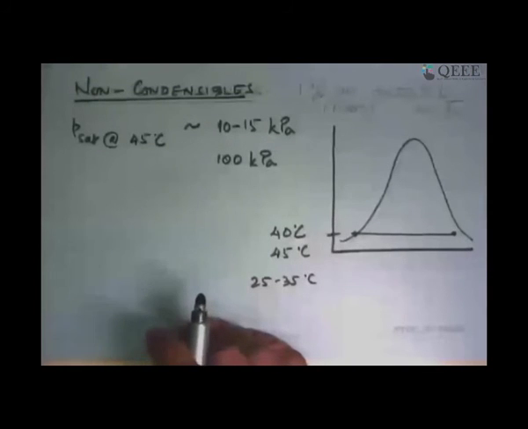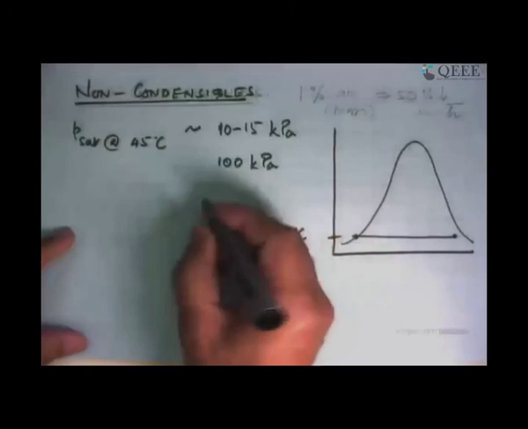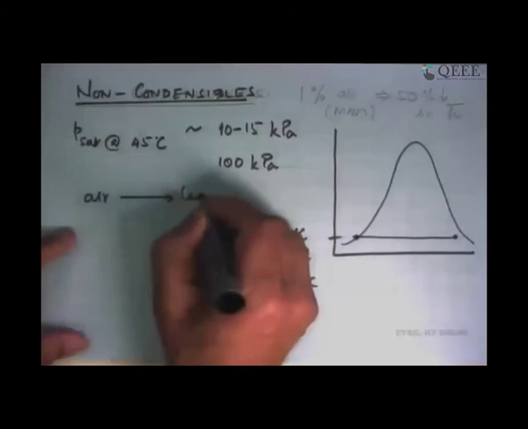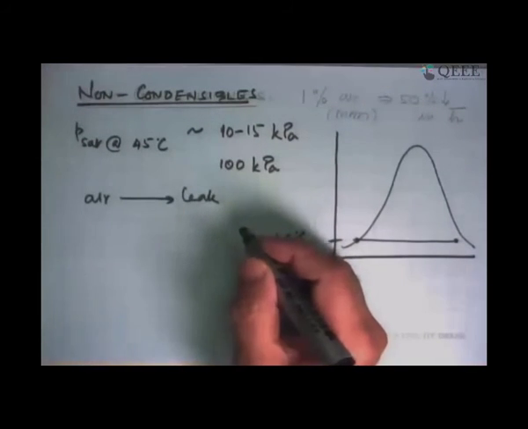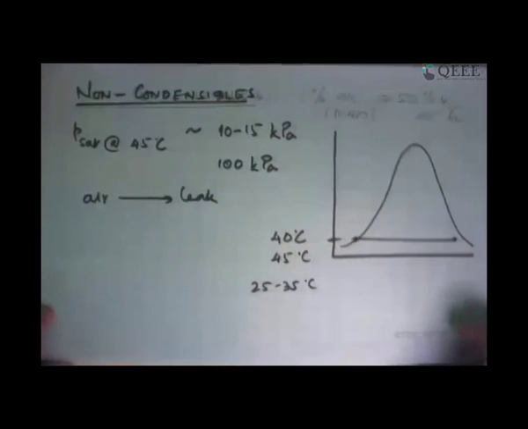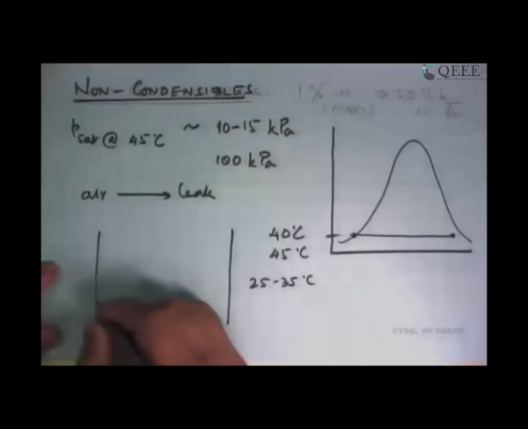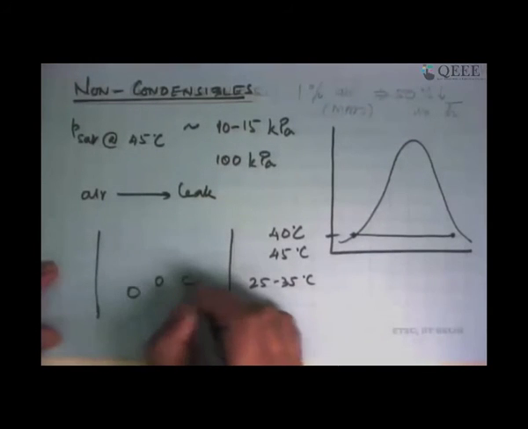So there's a huge pressure difference between the inside of the condenser and the surrounding, and it's already a very large sized equipment, and to make each and every joint completely leak proof in the real world is not possible. And somewhere along the line, because of this pressure difference, air will leak into the steam flow. Now what happens? Say this is a condenser, and we have a lot of tubes over there.